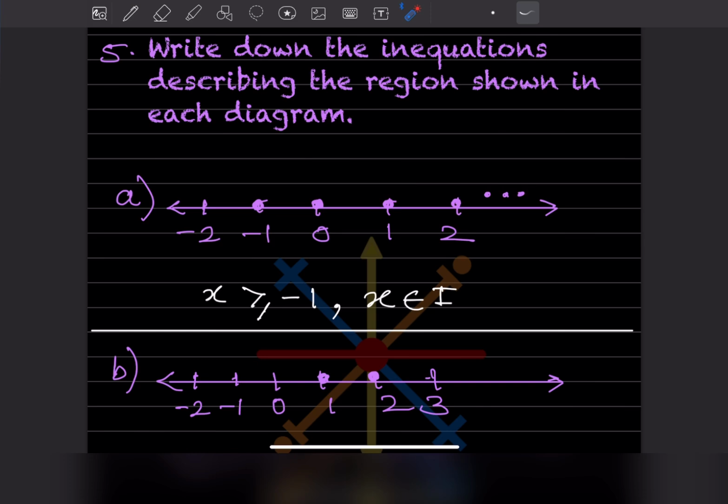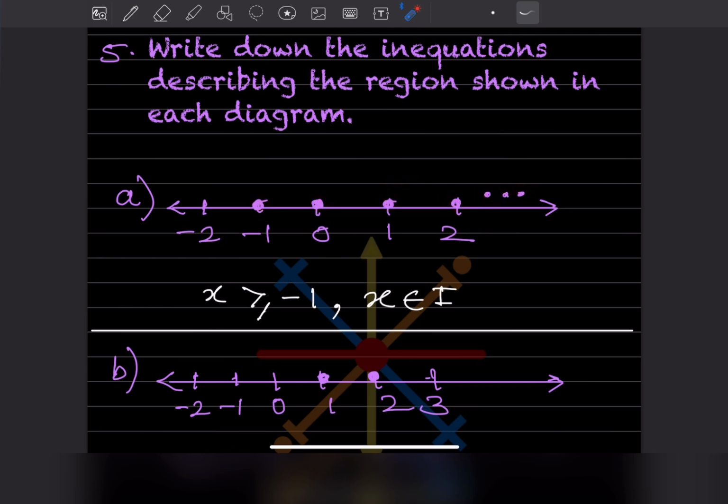We can see the negative integers and the positive integers, and the dots mean it starts from -1. So this says it is greater than -1, or equal to, because even -1 is included. So we can put a dot here.